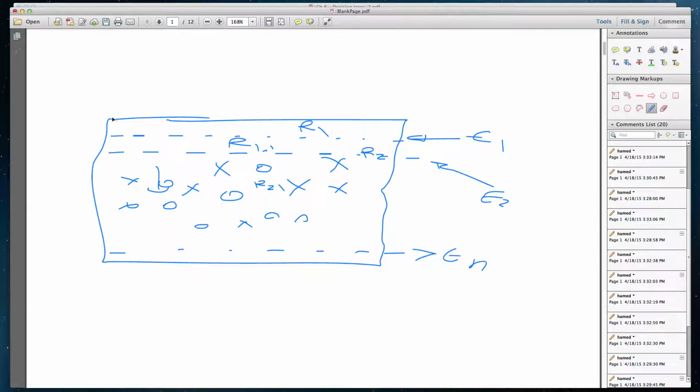We repeat our division by vertical lines now. So we get this division, this division, this division, this division, and this division, up to N. And each time we do that, we get, let's say, E'1, E'2 up to E'N.